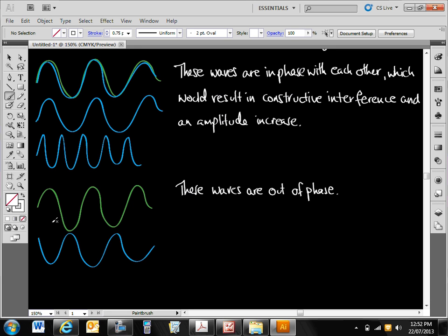When we see a crest here, we see a trough here. Trough here, crest here. Okay. What are we going to see as a result? Destructive interference.